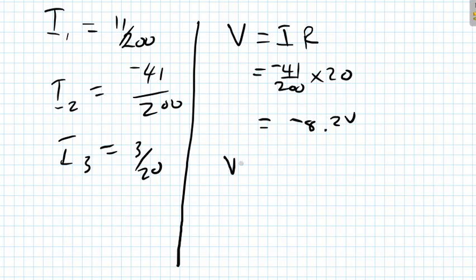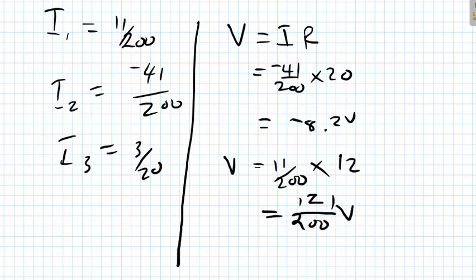Again, we have the voltage drop across the 12 ohm. We have 11 over 200 as the current passing through the 12 ohm resistor, and this one will be 121 over 200 volts.